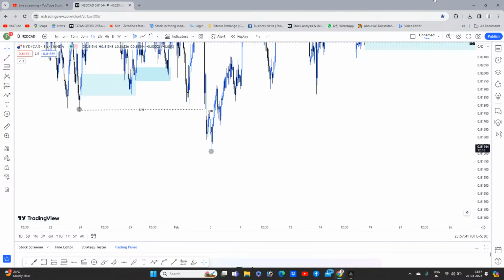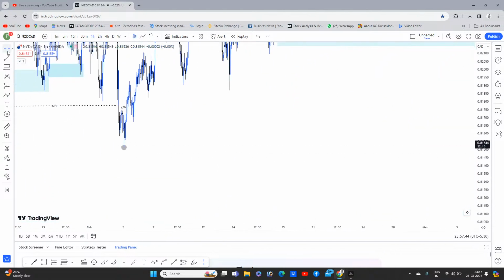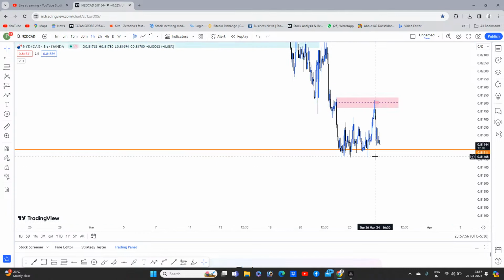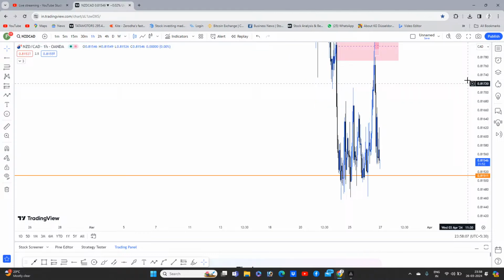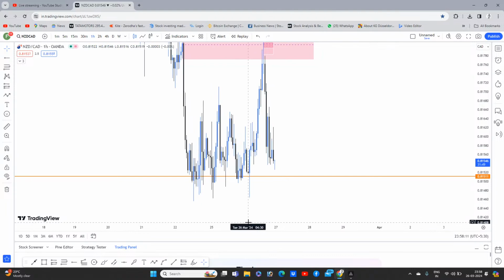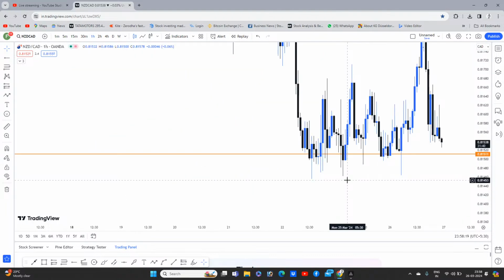For a swing low point, we have this as a protected low. Observe very carefully, the market hasn't broken it yet. The market has only swept the liquidity right now, and we need a proper break.